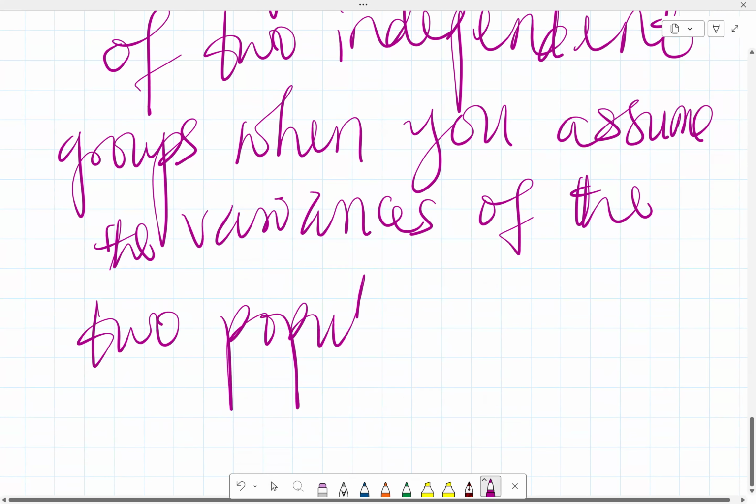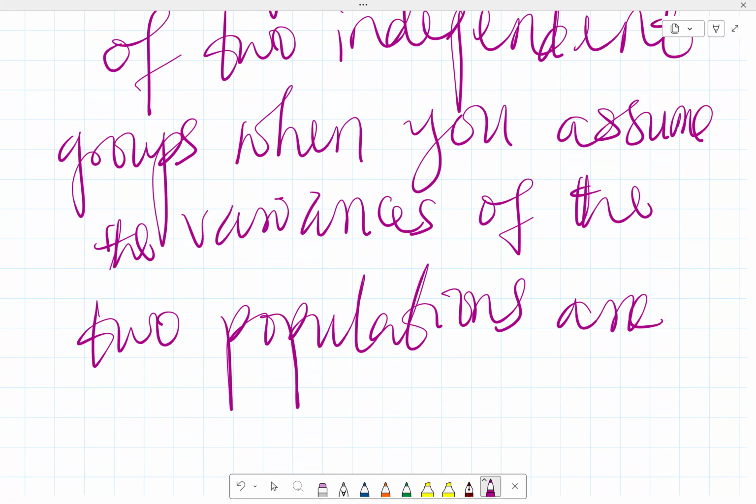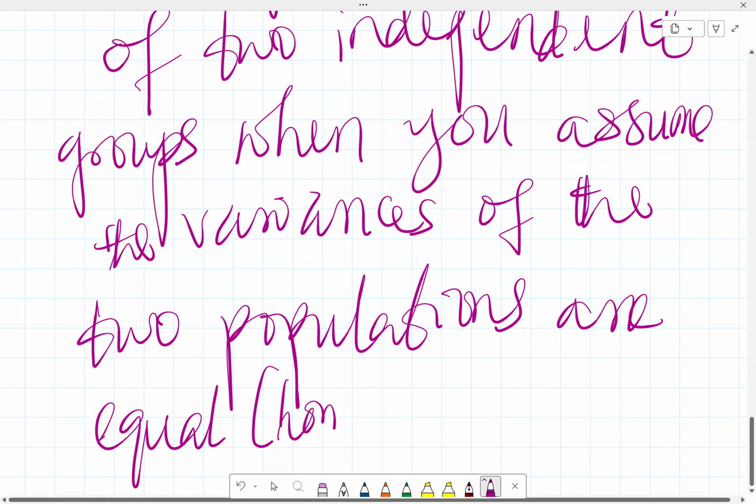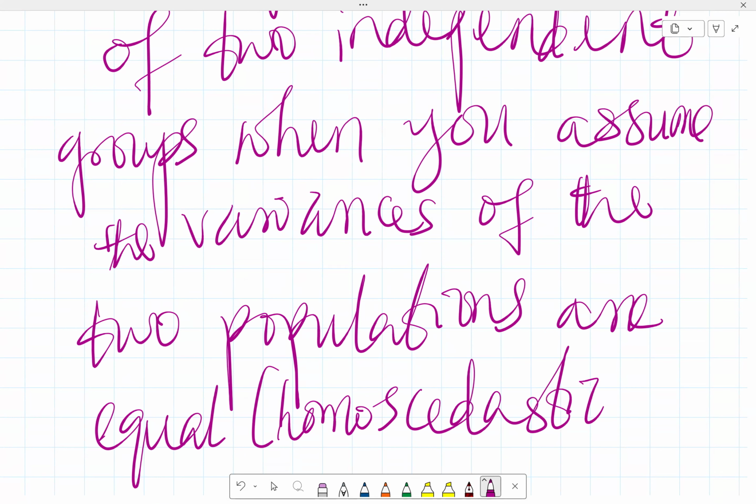So now variance is coming into it. Equal variance talks about homoskedasticity. So the purpose is to test whether two independent samples come from populations with equal means.